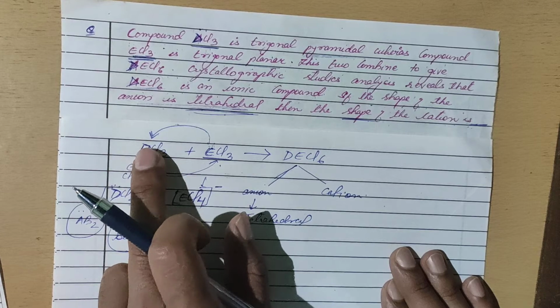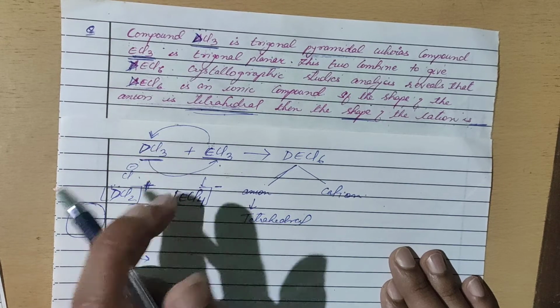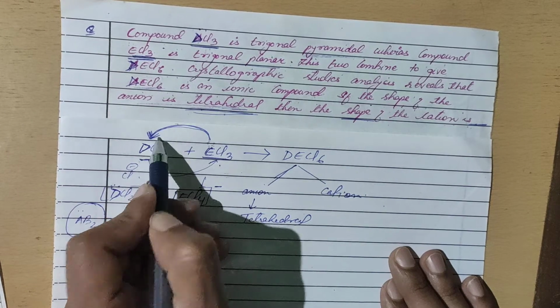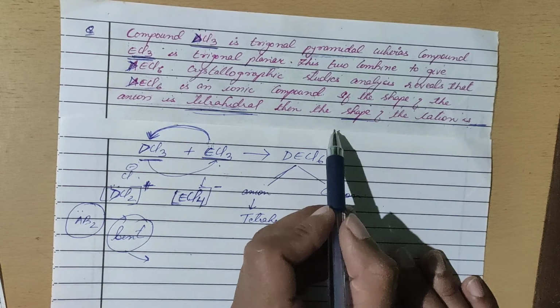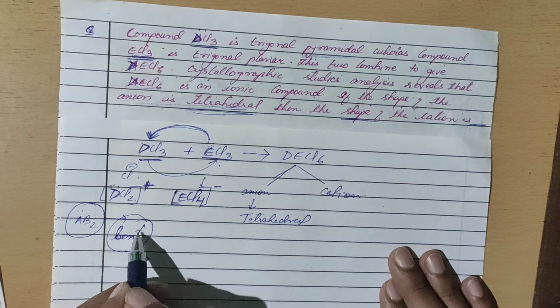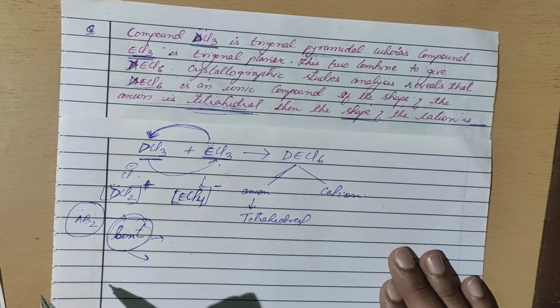Whenever there is a lone pair, we will not call it tetrahedral geometry. So this cannot be the possibility with respect to this question. That's why our final answer is bent, that is, the shape of the cation is bent. I hope you understood this question. Thank you.